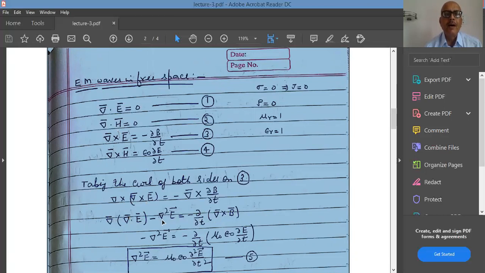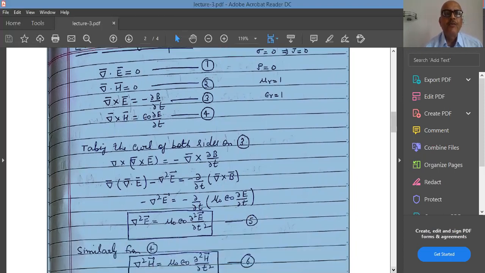So therefore it is minus del square E, and this is now minus del over del T. In place of curl of B, we will put mu naught epsilon naught del E over del T from equation 4, because this is for H. If you want to write it for B, then the curl of B will be mu naught epsilon naught del E over del T. So if you make that substitution and remove the minus sign from both sides, then we get the equation del square E is equal to mu 0 epsilon 0 del square E over del T square.